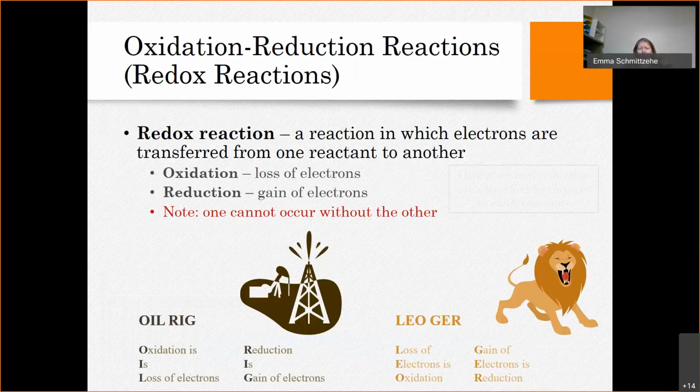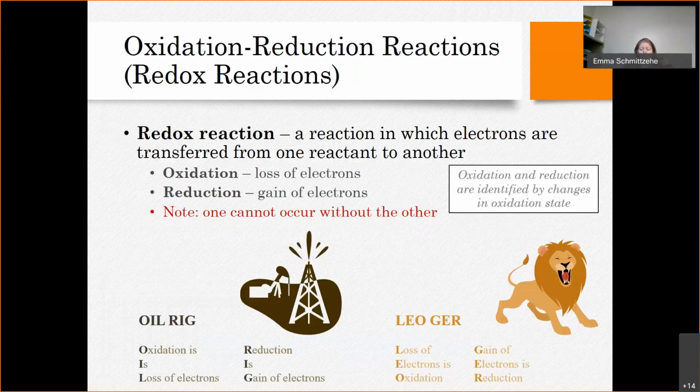so how we identify these things is actually by changes in what we call oxidation states. So an oxidation state is kind of our tracking system for electrons. And so it seems like a charge. It's not a charge truly, but we assign different elements, say, an oxidation state of 0 or an oxidation state of +1 or +2 or -1 or -2.